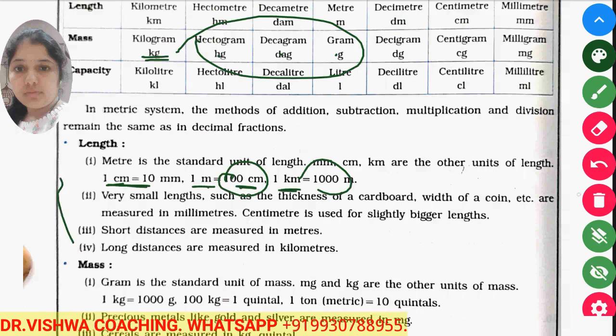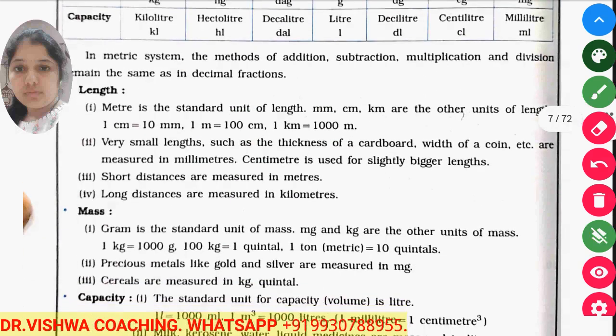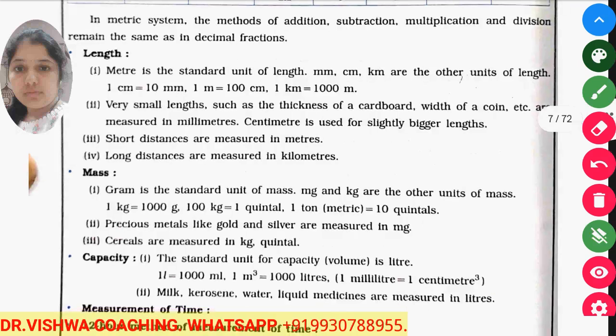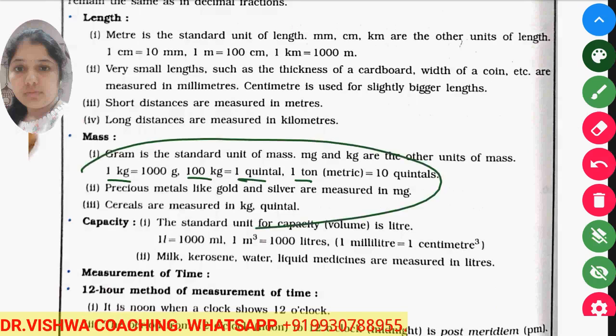Now these are all the units for measuring length. To measure the mass of any substance, we use the units kilogram, gram, ton, quintal. So the conversion is also given to you.